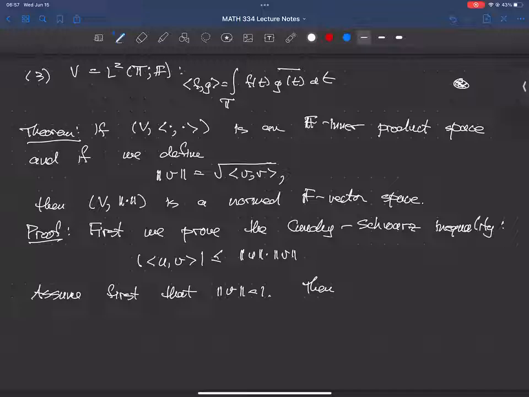Okay, so then we compute. This is just an elementary computation using the properties of inner products. Okay, that's our starting point of the computation.